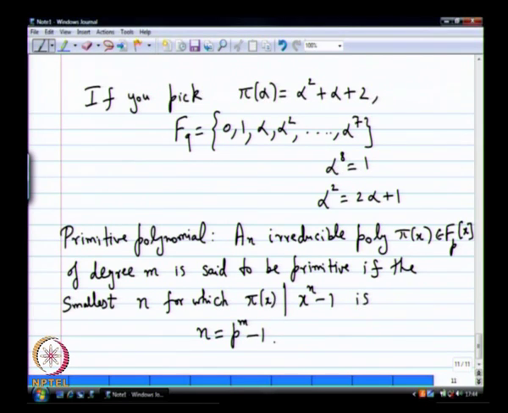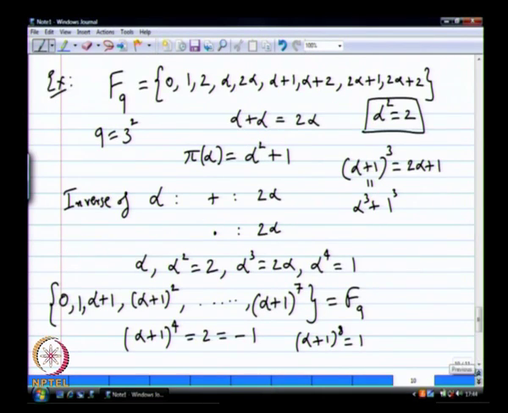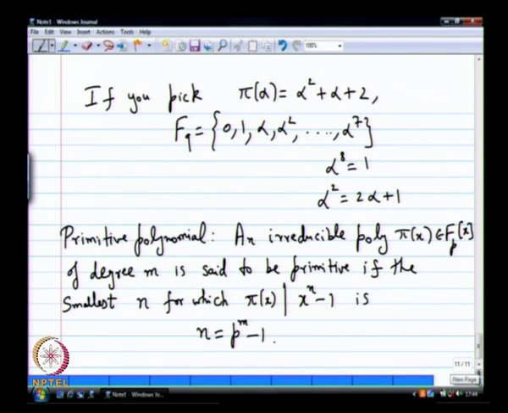It seems like a crazy definition. It is a bit of a crazy definition if you see it without all the motivation that needs to come from other areas. We will just take it as a definition, and you can go back to our examples with F9. Okay, this pi of alpha, alpha squared plus 1, for what n will it divide x power n minus 1? Use one of your formulas, a squared minus b squared is a minus b into a plus b.